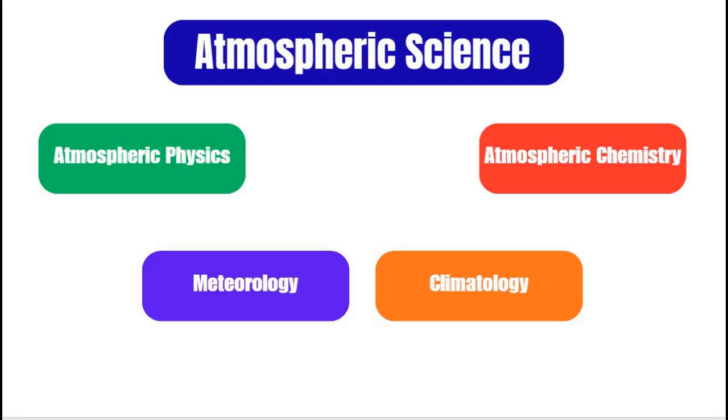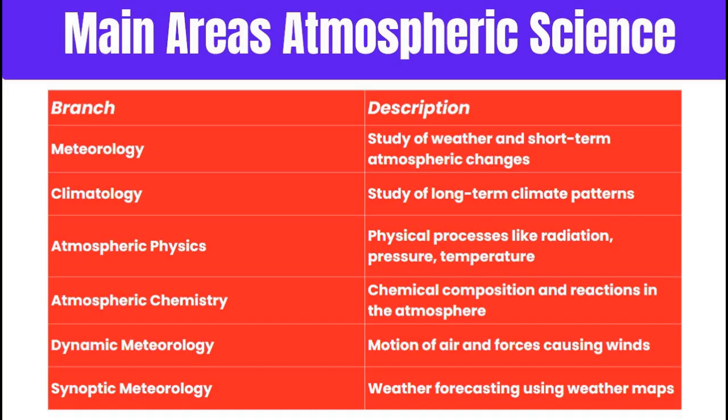So the main areas of atmospheric science are meteorology, which is the study of weather and short-term atmospheric changes, climatology, which is the study of long-term climate patterns, atmospheric physics, which is the study of physical processes like radiation, pressure, temperature, atmospheric chemistry, which studies the chemical composition and reactions in the atmosphere, dynamic meteorology, which is the motion of air and forces which cause winds, and synoptic meteorology, which is weather forecasting using weather maps and various other instrumentation.